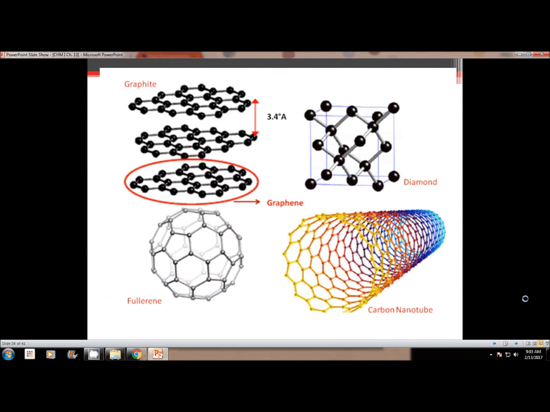But, like diamond, so diamond is up here. We all know diamonds are pretty tough, pretty hard, right? It's kind of hard to cut. Then graphite is like what's in your pencil right now. In graphite, there are sheets of carbons that are connected together, stacked on top of each other.